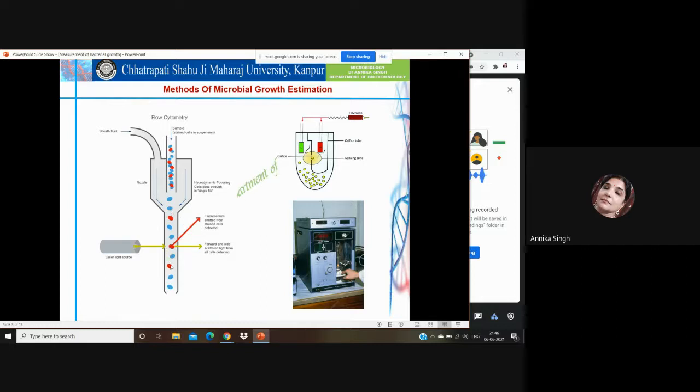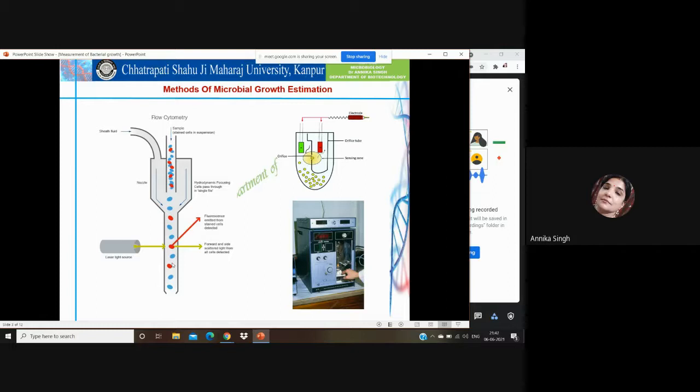So it is the advanced technique to directly count the cell number, and this technique is very popular nowadays. If we are studying the different properties of cells like size, internal complexity, and other characteristics, for that purpose fluorescent dye or fluorescently labeled antibodies are usually used.